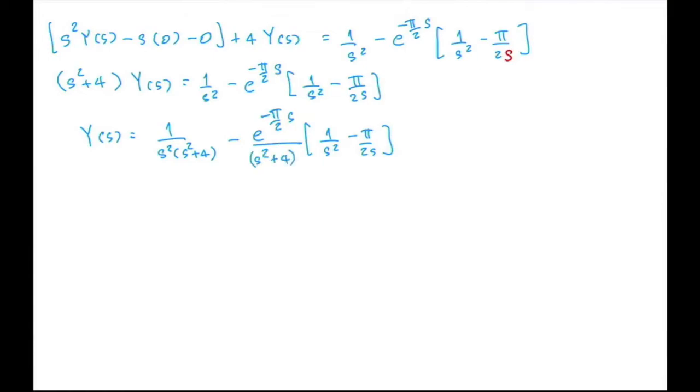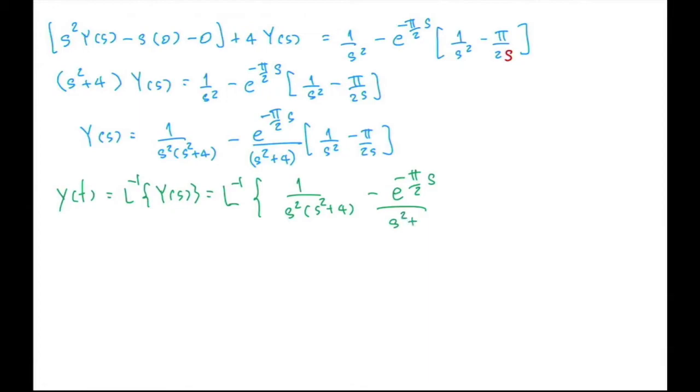Okay, and then after that we need to find y(t), right, which is the inverse Laplace transform of the big Y(s). That is the inverse Laplace transform of 1 over s squared plus 4, and then minus e to the minus half pi s divided by s squared plus 4, times (1 over s squared minus pi over 2s).